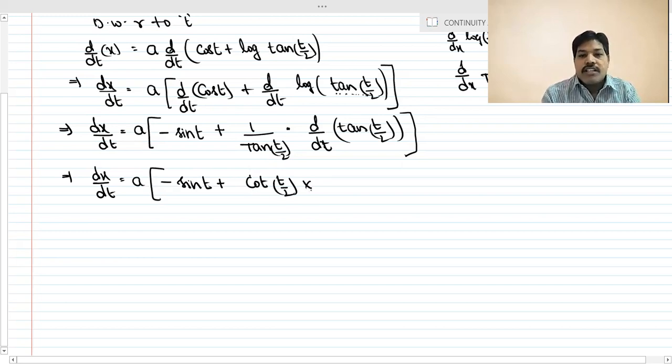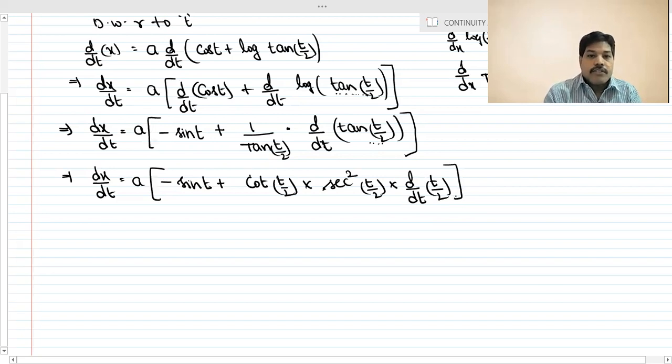Tan derivative is nothing but secant square. Tan f of x derivative is secant square f of x, into the derivative of t by 2.